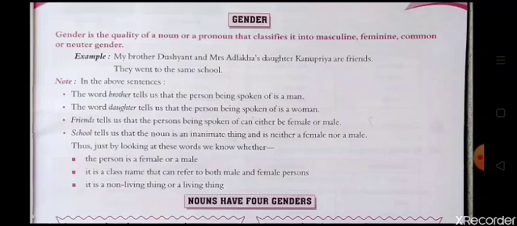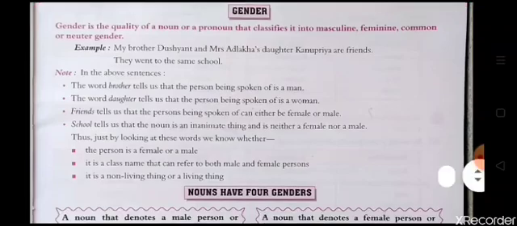School tells us the noun is an inanimate thing that is neither female nor male. Thus, just by looking at these words, we know whether the person is female or male. It is a class name that can refer to both male and female persons, a non-living thing or a living thing.